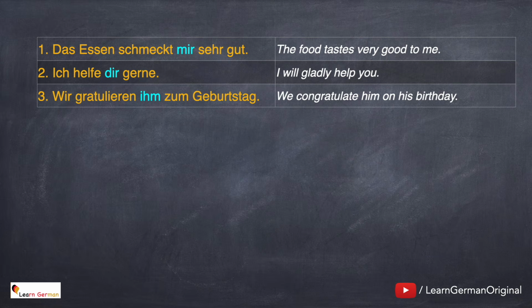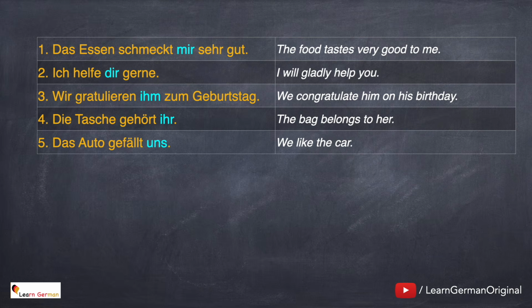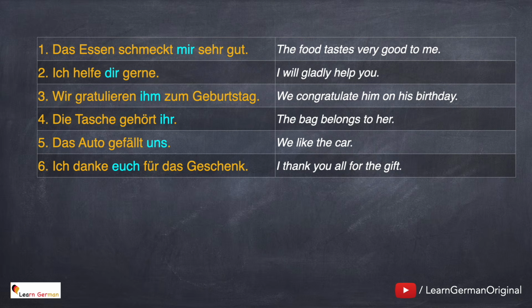When wishing directly, ich oder wir gratulieren dir zum Geburtstag. Die Tasche gehört ihr. Das Auto gefällt uns. Ich danke euch für das Geschenk. If you're thanking one person, replace euch with dir.